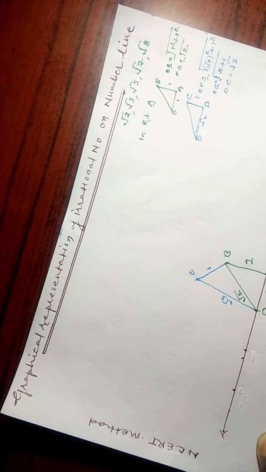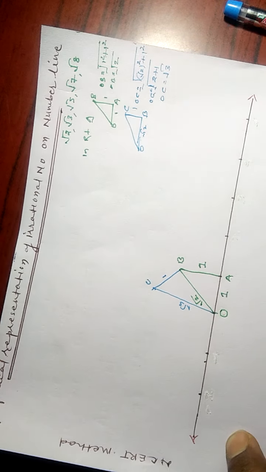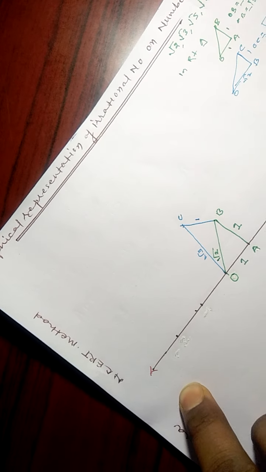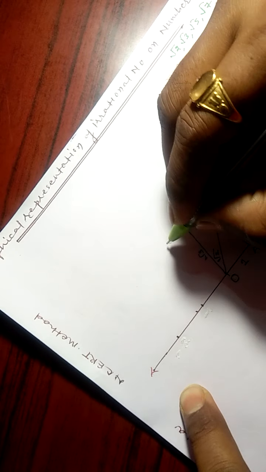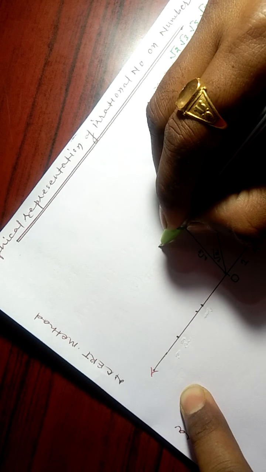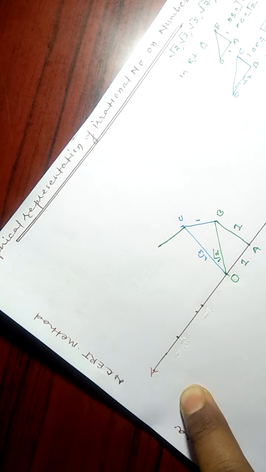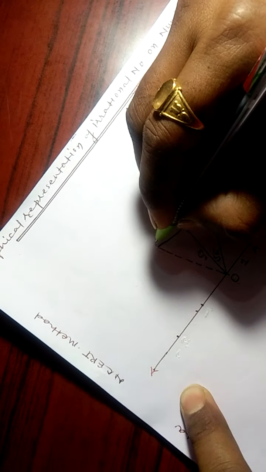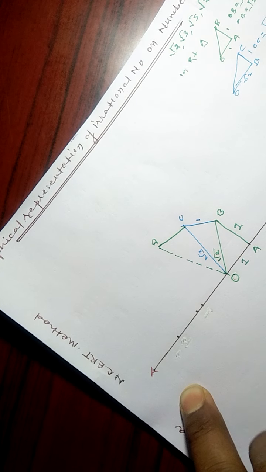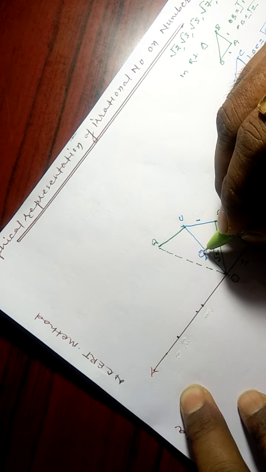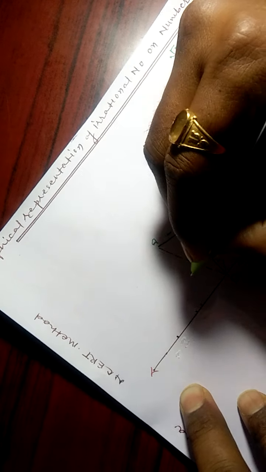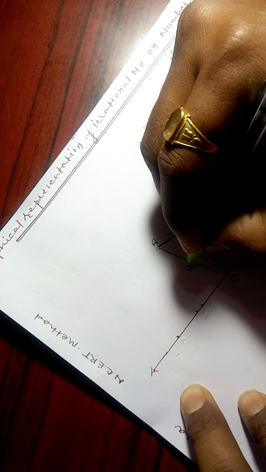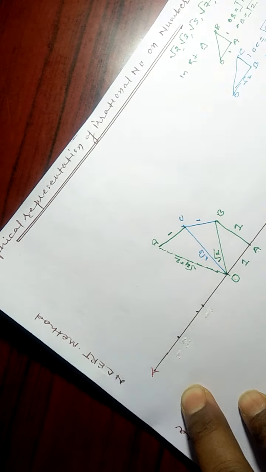Now again take a 1 centimeter which is perpendicular to this OC, and now join these lines and you find it D. So if this is root 3, this is 1 unit, then it becomes your root 4, which is equal to 2.